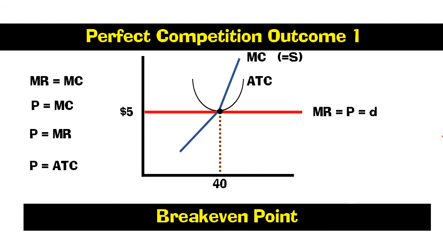In perfect competition, the market, write this down if you have it. In perfect competition, the market is going to adjust so that the businesses over time are always breaking even. They might make a little extra one year or a little less the next, but over time, they're going to break even.